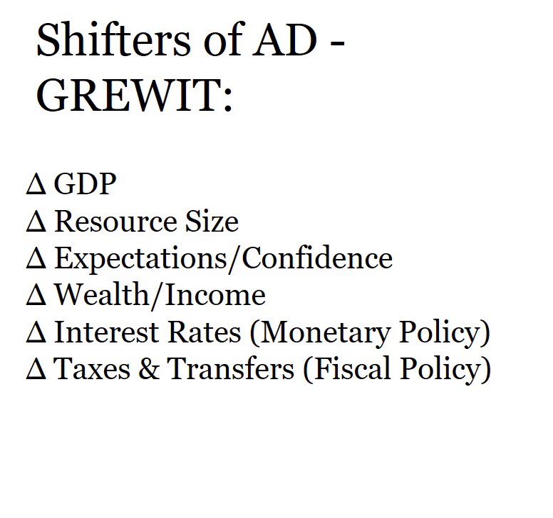Wealth and income are also shifters. So this is about the income of the people and the wealth level, so the value of your assets like stocks. Interest rates, as we just saw, are a shifter if they are the independent thing, if they are changing not because of aggregate price level. And interest rates that change independently are always done through monetary policy.